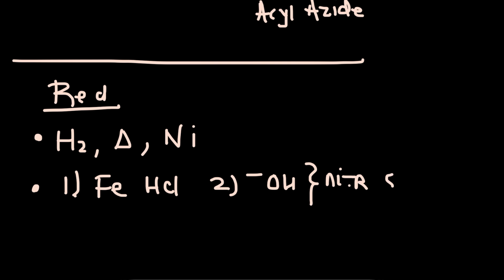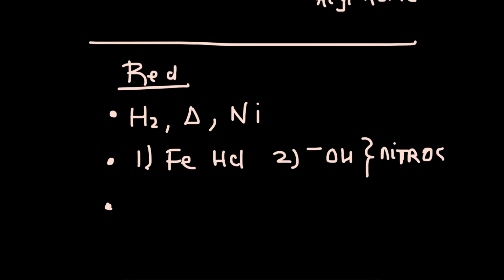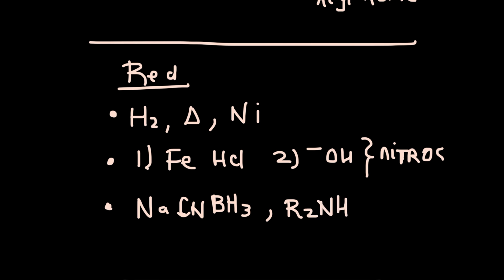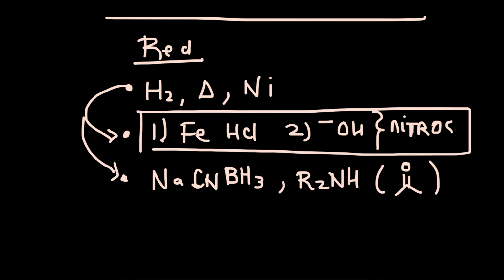Another one would be using NaCNBH3, sodium cyanoborohydride, with the amine, which could involve some sort of alkyl group. So this one is good for reducing aldehydes and ketones, but this option is good for both of these. I'm just giving some of the more common methods that you might find in the textbook or on the exam.